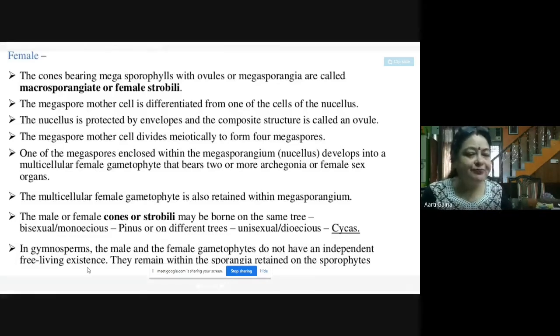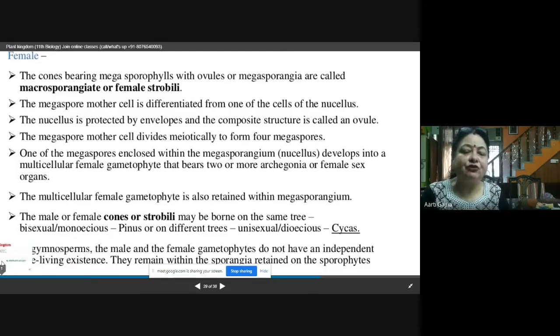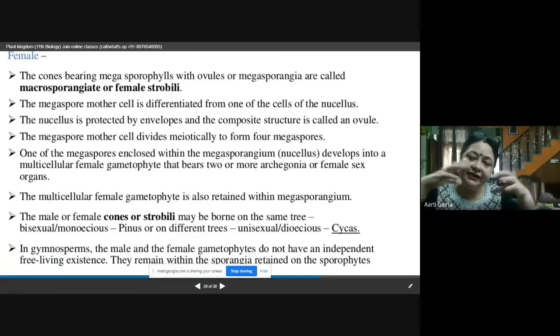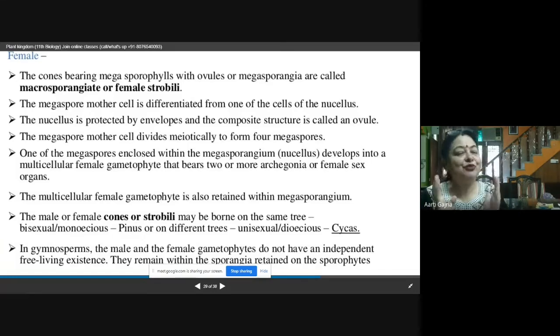In gymnosperms, the male and female gametophytes do not have an independent free living existence. So that means here the gametophyte is not free living. The gametophyte is inside the sporangia only. So the gametophytic stage is completed inside the sporophytic stage, inside the sporangia on the sporophyte.